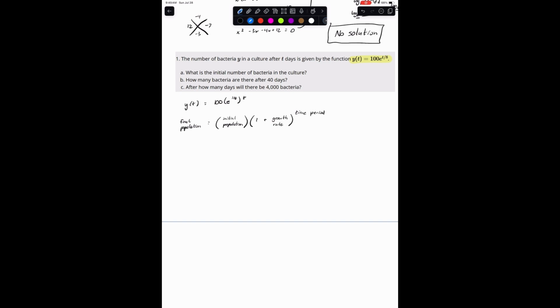So our y of t is the final population. Our 100 is our initial population. Our e to the 1/8 is the growth factor. And then our t is our time period. We need to make sure that since the equation is in days, if the question asks for hours, weeks, or months, we convert the units appropriately.